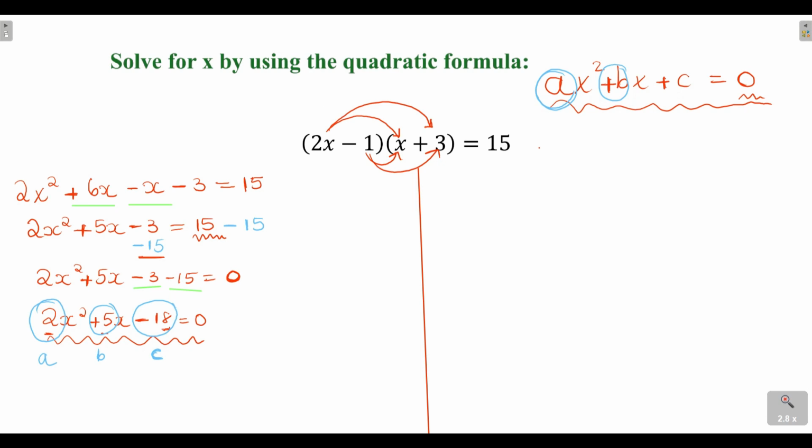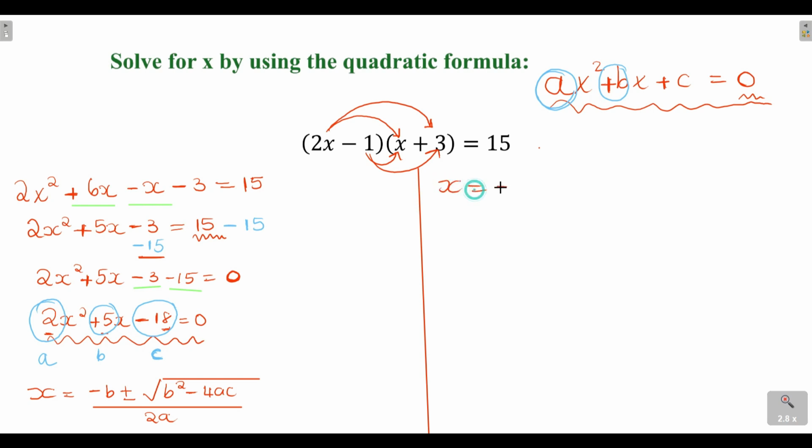Now we're ready to substitute all these values into our quadratic formula. What does it say? x is equal to minus b plus or minus the square root of b squared minus 4ac, all over 2a. We substitute our a, b and c.